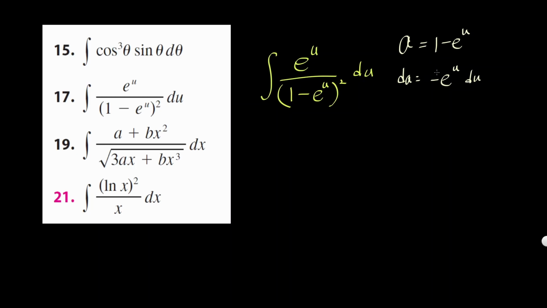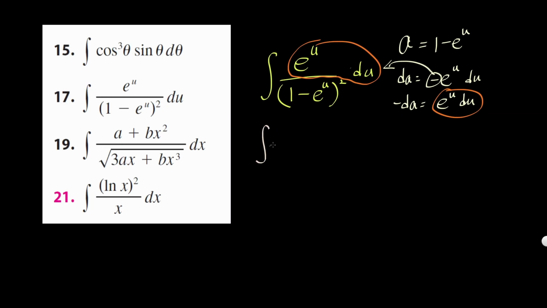There's no negative here, so I'm going to bring that negative over here. So negative da is equal to e to the u du. Negative da covers this portion right there, including du. Let's substitute back in. So integrate negative da over a squared, which is negative the integral of a to the negative second power da, and then just integrate.